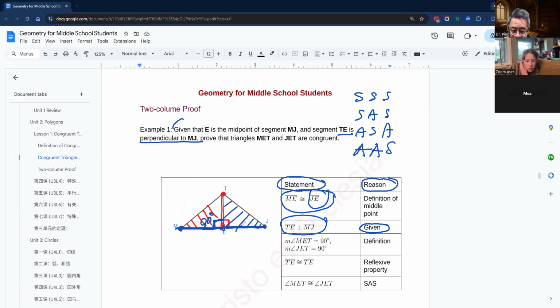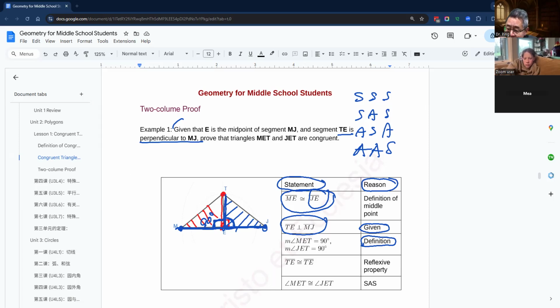And also the angle JET, this angle, is also 90. Now, this is because of the definition of perpendicular. When we say one line is perpendicular to another line, it means that the angles we make are 90 degrees. All right.